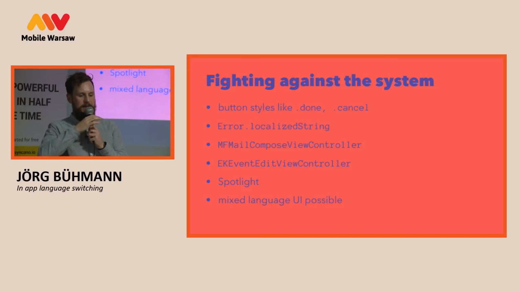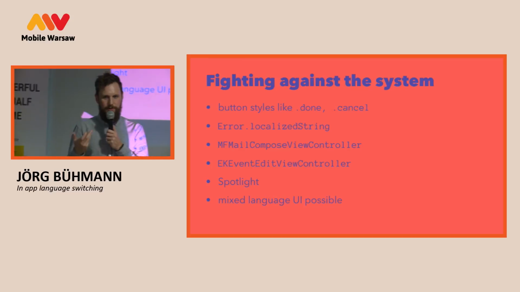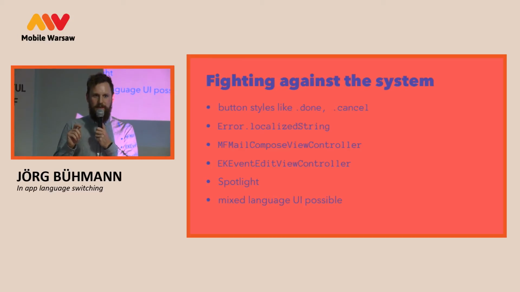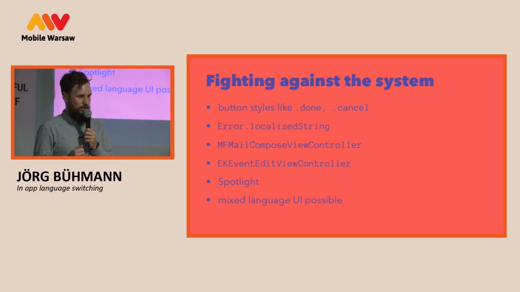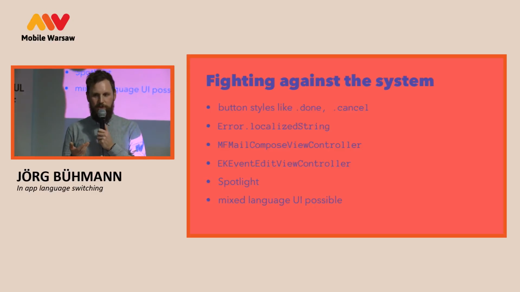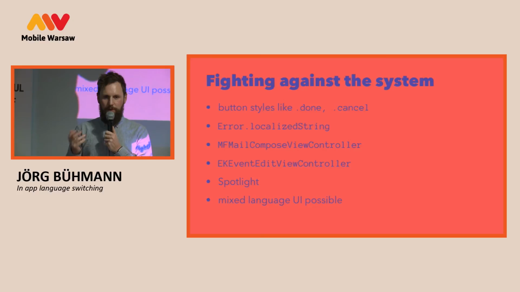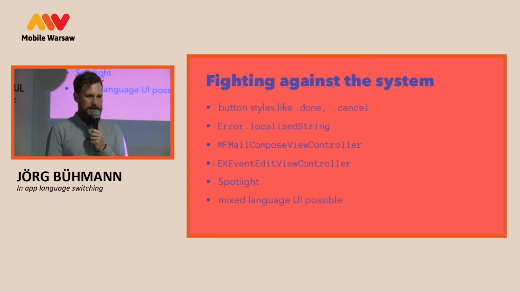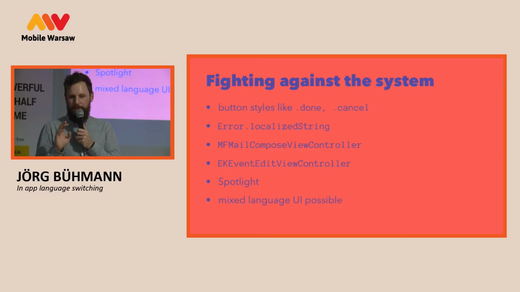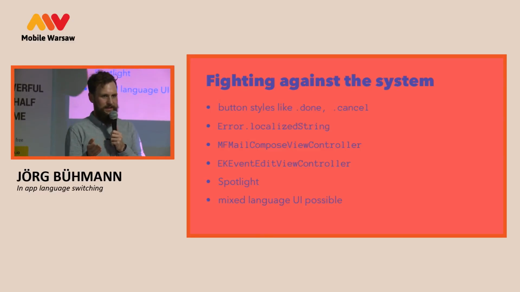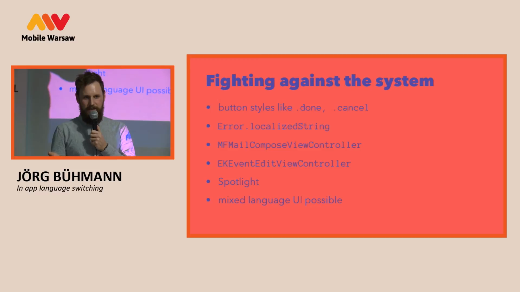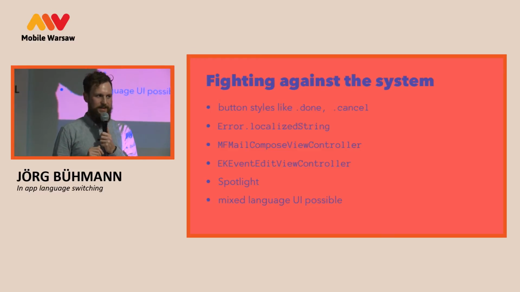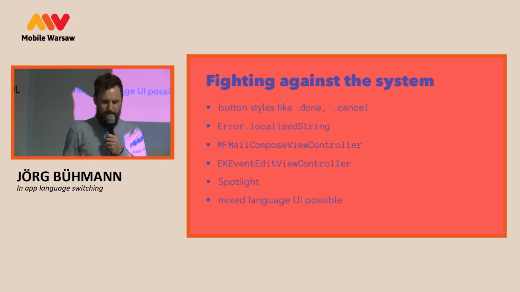And if you have these error messages that come from deep in the system and that basically bubble up to your user interface, you should think about, do I want to show, for example, an English error in a Polish user interface? Or do I want to intercept that, maybe change the message? For typical error codes that I'm expecting, I can localize those, but not the others. Definitely something to keep in mind, and it can look really weird if things like that come from the bottom. And also, other system APIs.